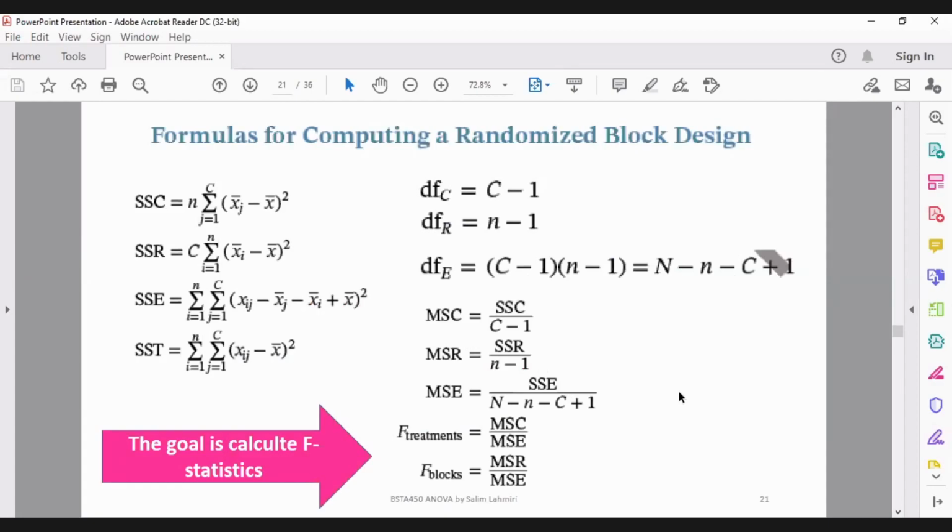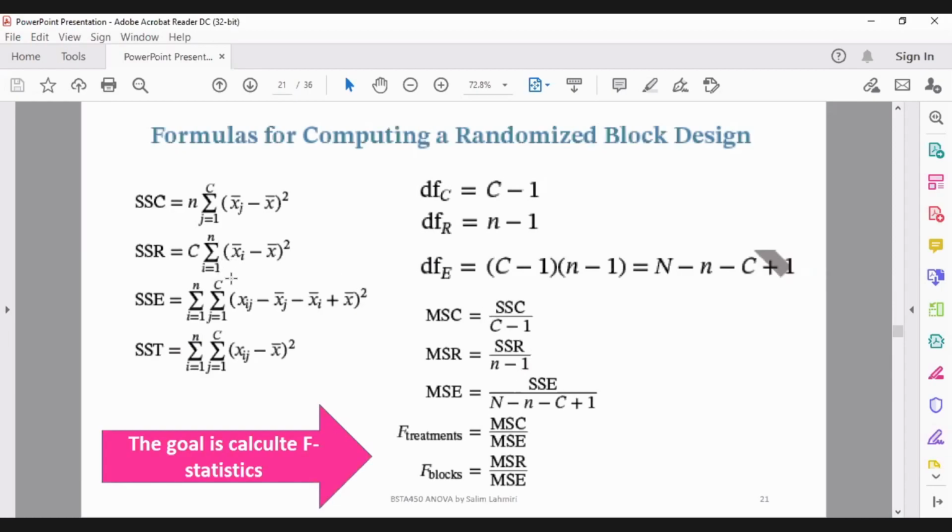Here we got the formula to calculate F for treatments, Fisher test for equality of treatments, and Fisher test for equality of blocks. So the goal is to calculate the F statistic, one for treatments and one for blocks. For treatments, F of treatments is equal to MSC over MSE, where MSC is SSC over C minus 1. Okay, SSC is this quantity, this one.